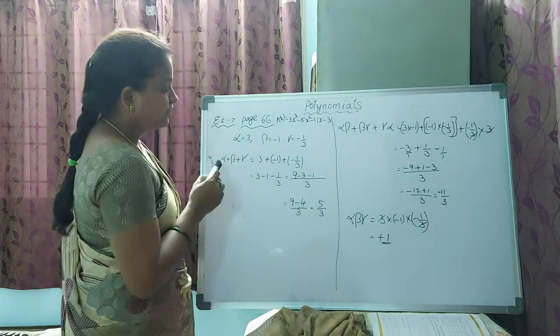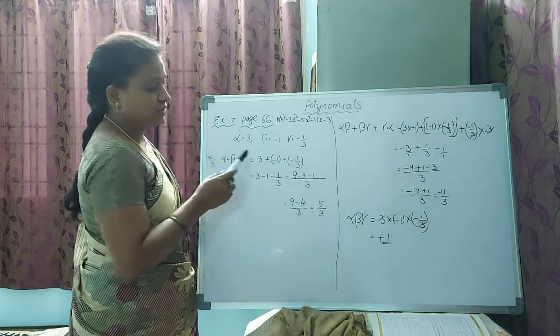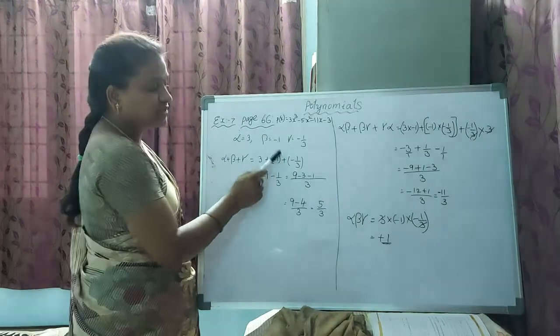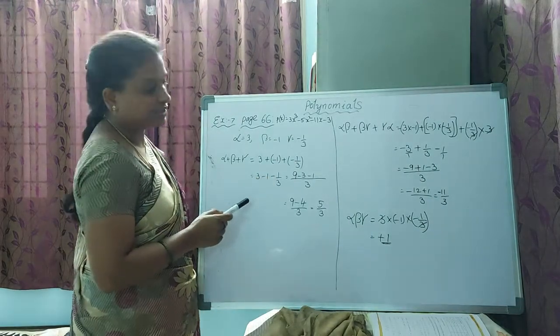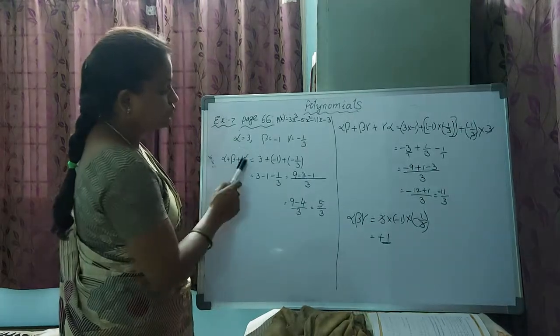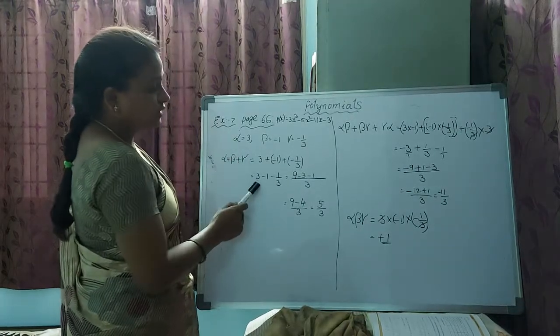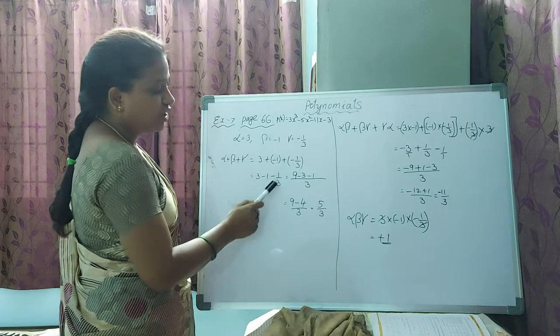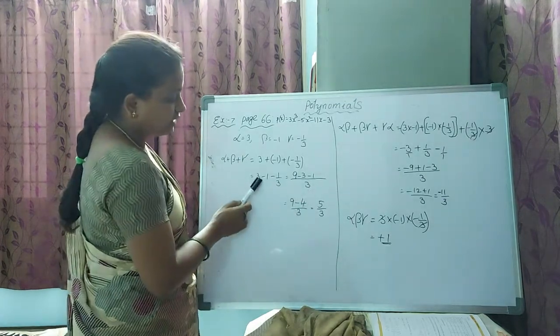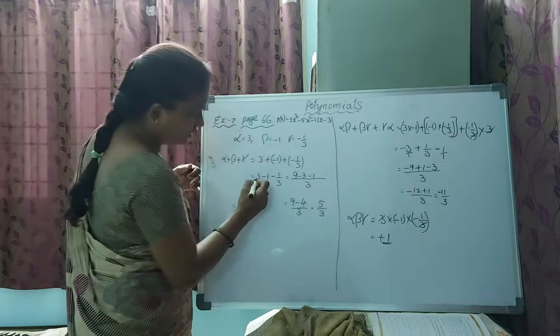See, in this way, sum of the zeros: 3 plus (minus 1) minus 1 by 3. If minus is there, you have to use brackets. So in this way, we found the sum of these zeros. What is the sum? Here one fraction is there, so find the LCM, we'll get 3 only. Here 3, here 1, if nothing is there we have to think of it as 1.